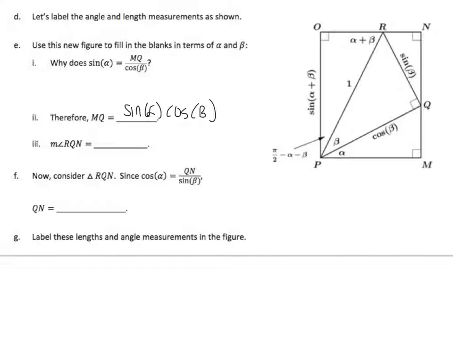Therefore, the measure of angle RQN, let's look at it. Okay, let's look at the angles to figure out what RQN is. So follow me. If I look at this triangle right here, the inside of a triangle is 180 degrees. I have 90 degrees and alpha, which means this angle right here is pi over 2 minus alpha, because if I add all those together, I would get 180.